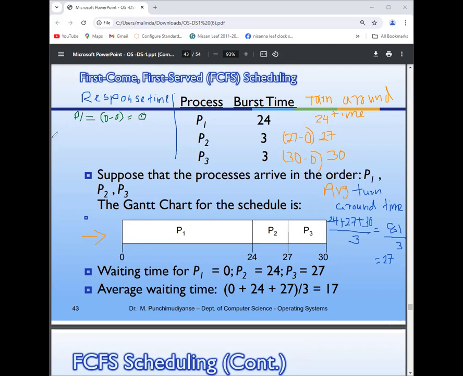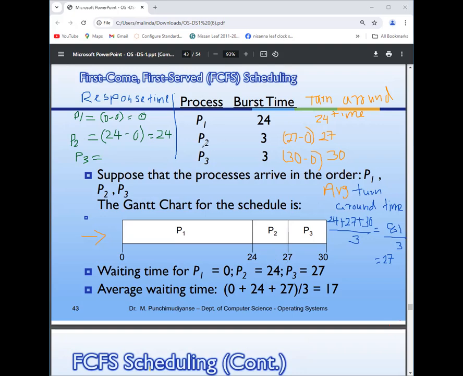And for P2, 24. P2 is admitted at time 0 and it got its first CPU at 24. So 24 minus 0 is 24. And the third one is P3.